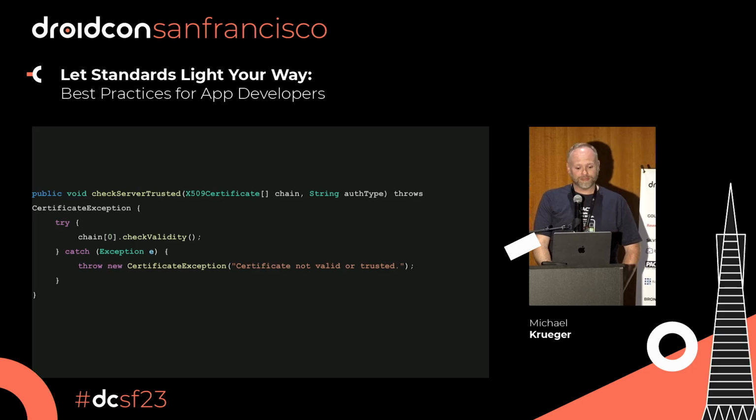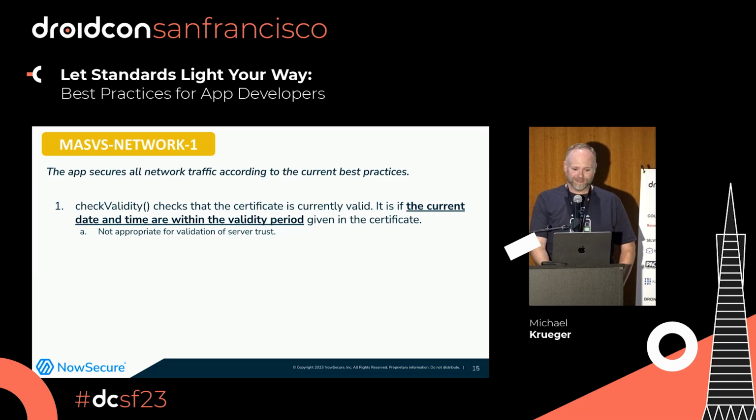One other problem, check validity. So check validity, that function, it certainly checks if the certificate is valid. It checks if the current date and time are within the validity period of the certificate. It does not actually check if the certificate is valid for a trusted certificate authority.